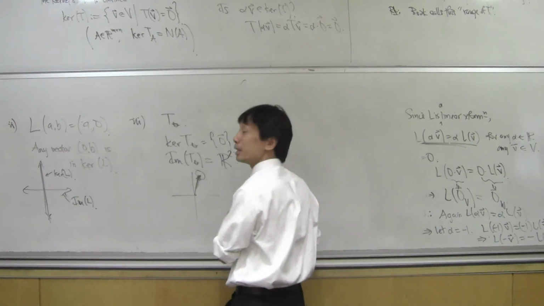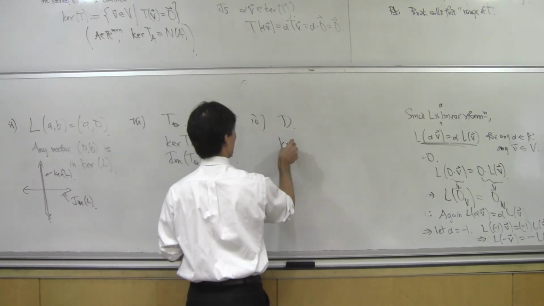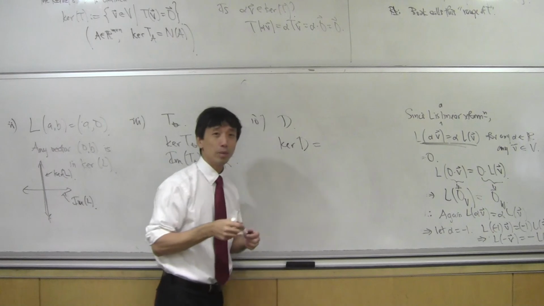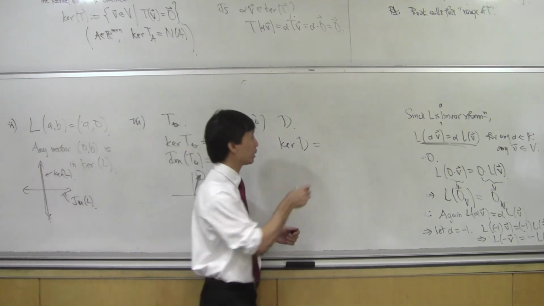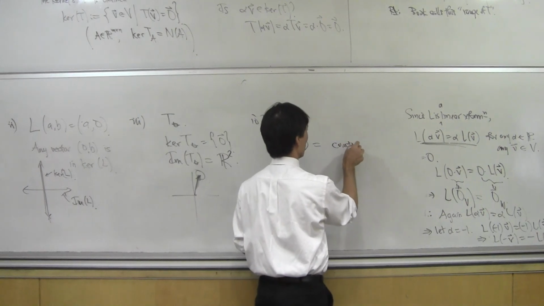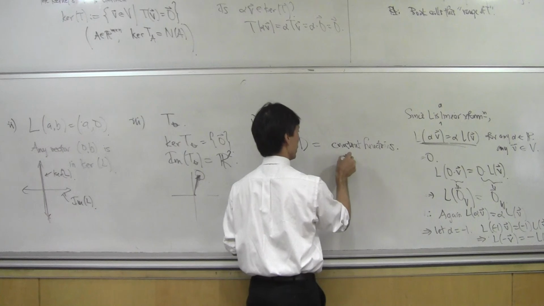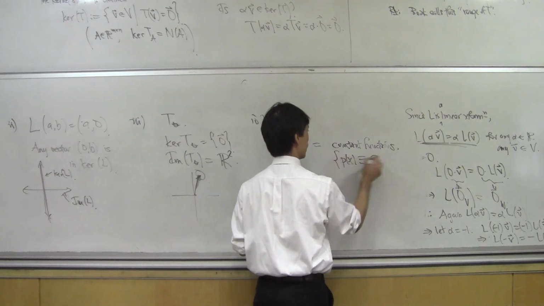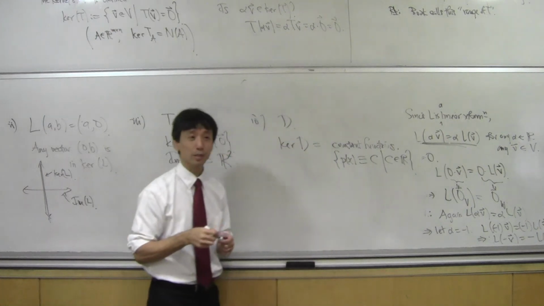Okay. Last example. Differentiation. What's the kernel? What gets sent to 0 by the differentiation operator? Constants, right? So constant functions. Anything with a polynomial that is just constant.